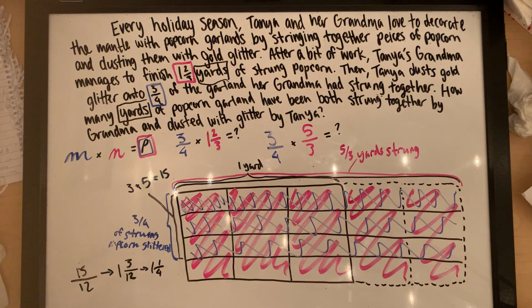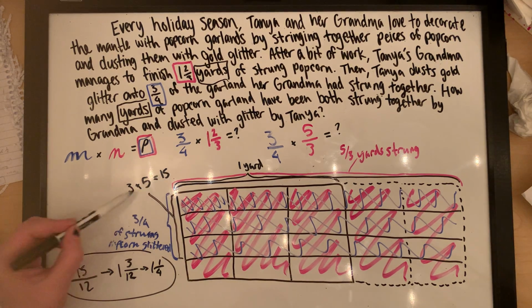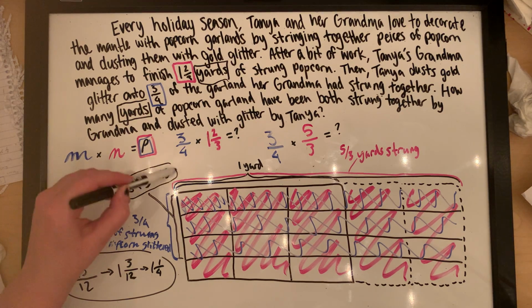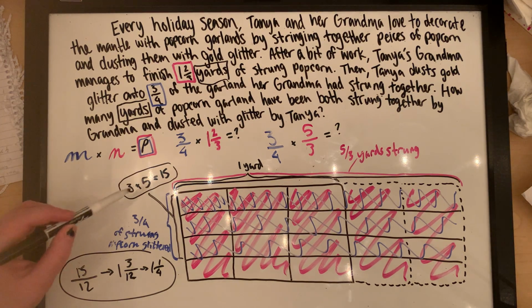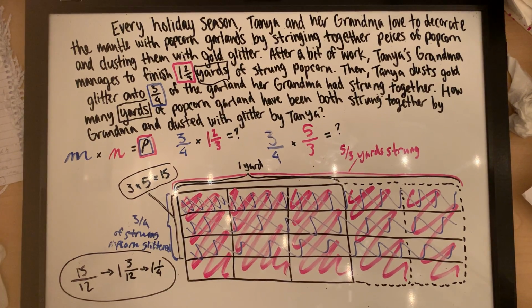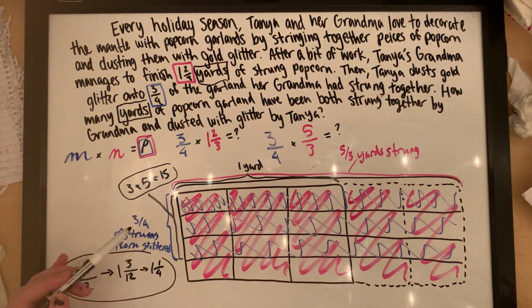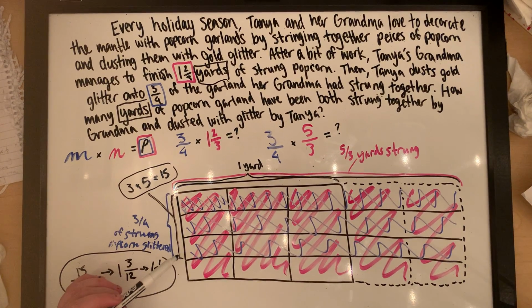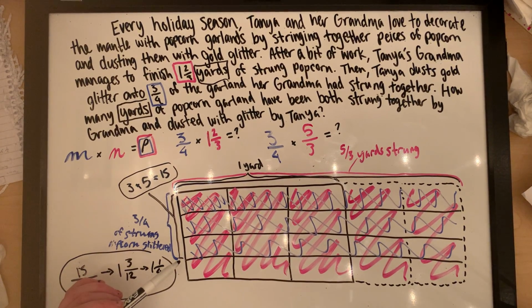Now, another way of looking at this problem, rather than doing it this way, is, oh shoot, I included this portion that helps add to my explanation, but I'm going to go back real quick, I'm sorry, and explain the other operation that we're doing through this picture.